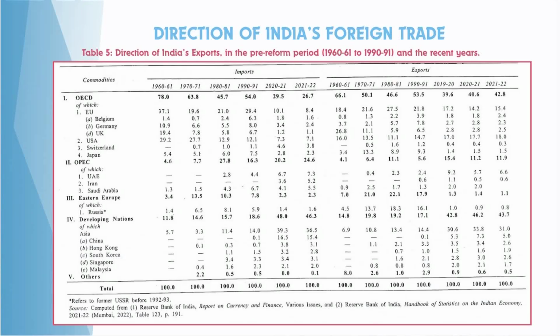However, recent political upheavals in Eastern Europe and the USSR disintegration caused a decline, reducing its share to just 1.1% in 2021-22. Developing nations like Africa, Asia, and Latin America accounted for 43.7% of India's exports in 2021-22, with Asian countries specifically contributing 31%.